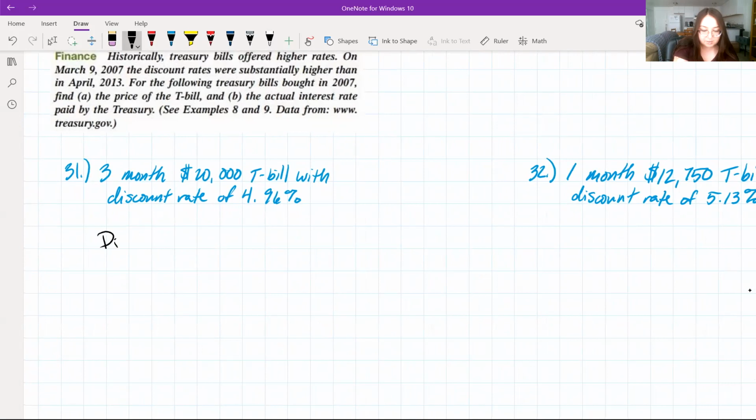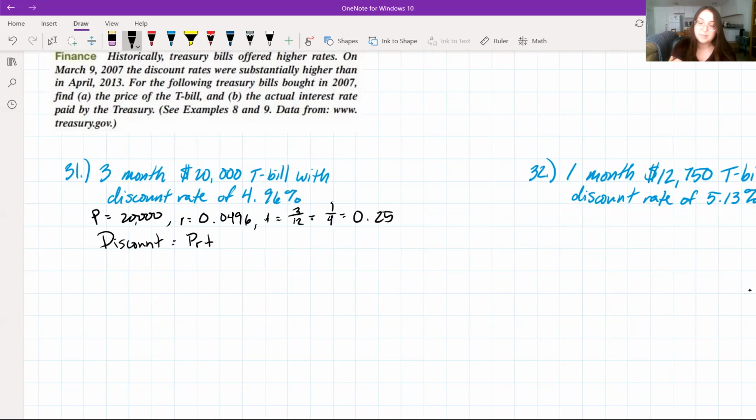We'll say that discount is equal to PRT. So we have here that our principal is 20,000. Our rate is 4.96% or 0.0496. And our time is 3 months out of 12, which is 1/4, or as we know, 0.25.